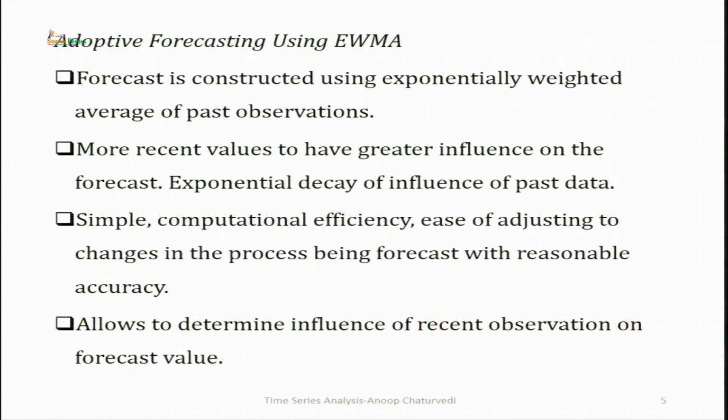We can use this approach for forecasting purpose also. So, now we come to adaptive forecasting using exponentially weighted moving average. So, we construct the forecast using exponentially weighted average of past observations.